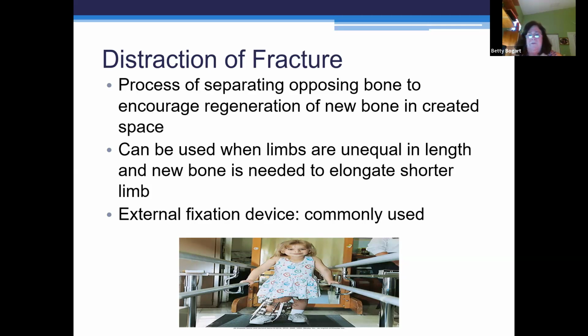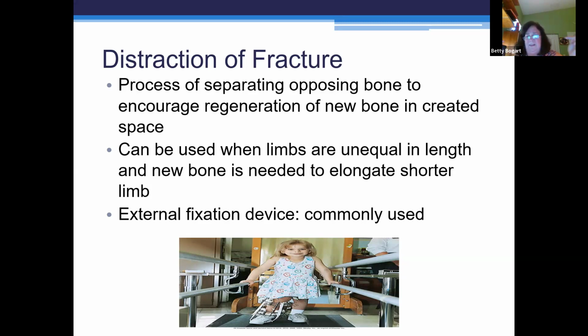Also, did you ever see a child with an arm or a leg shorter than the other one? We can break it, open it up, and get that extra inch or so that they need so that they're going to have legs the same length, so they're not going to be limping or need orthopedic shoes.